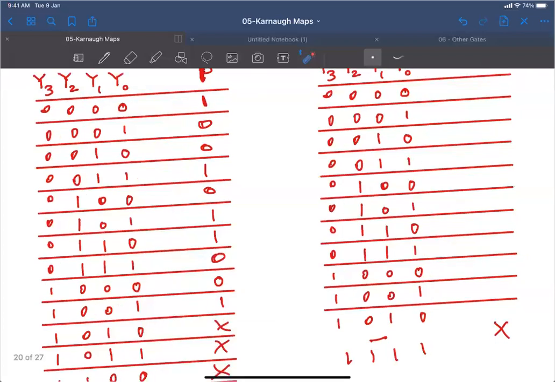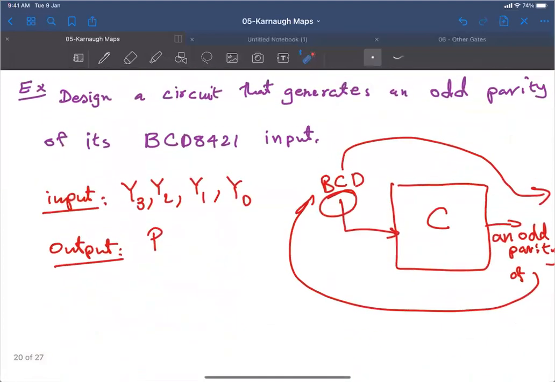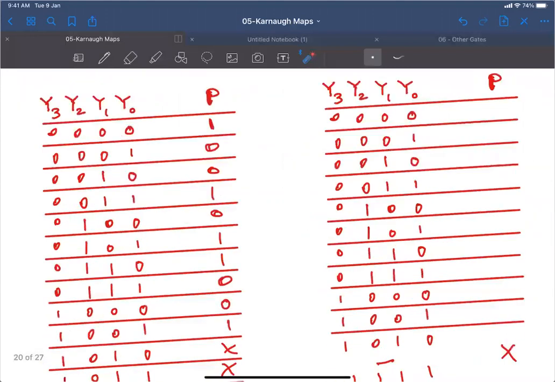So what is my next step now? Remember the problem description here. It says design a circuit, so my end product is a circuit that generates an odd parity of its BCD 8421, right? So what is my next step?